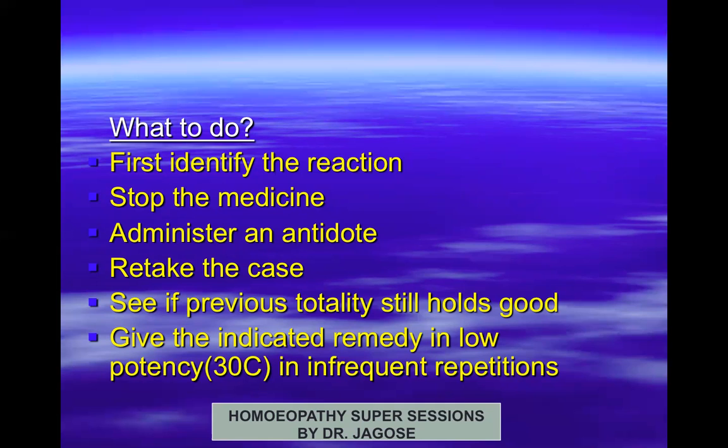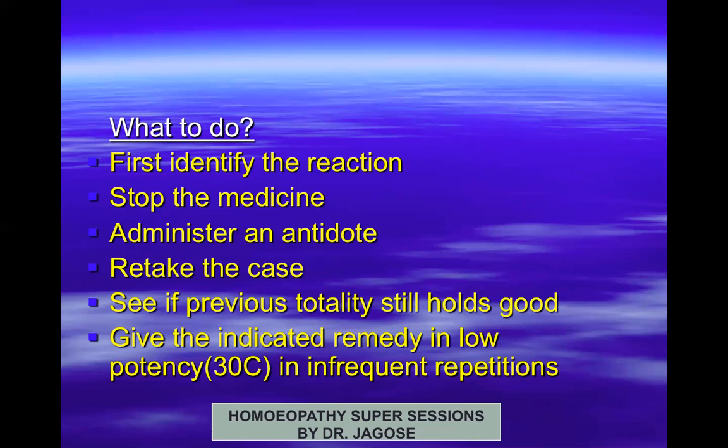After administering the antidote, you again retake the case. So after you antidoted the case, the side effects or whatever bad effects have taken place may reduce. So therefore, we again have to retake the case and see if the previous totality still holds good.